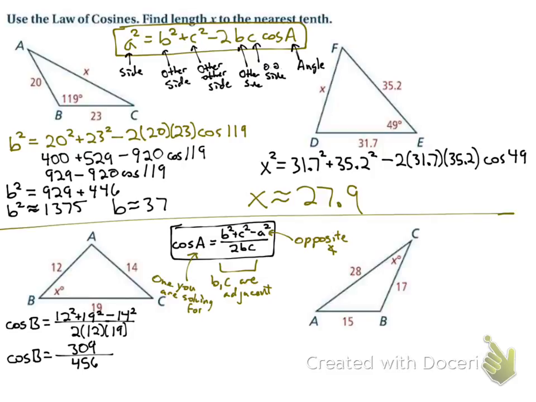We can see 309 divided by 456 is good. So we now go cosine inverse of that, equals the measure of angle B. It comes out to be approximately what? Let's get about 47 degrees.